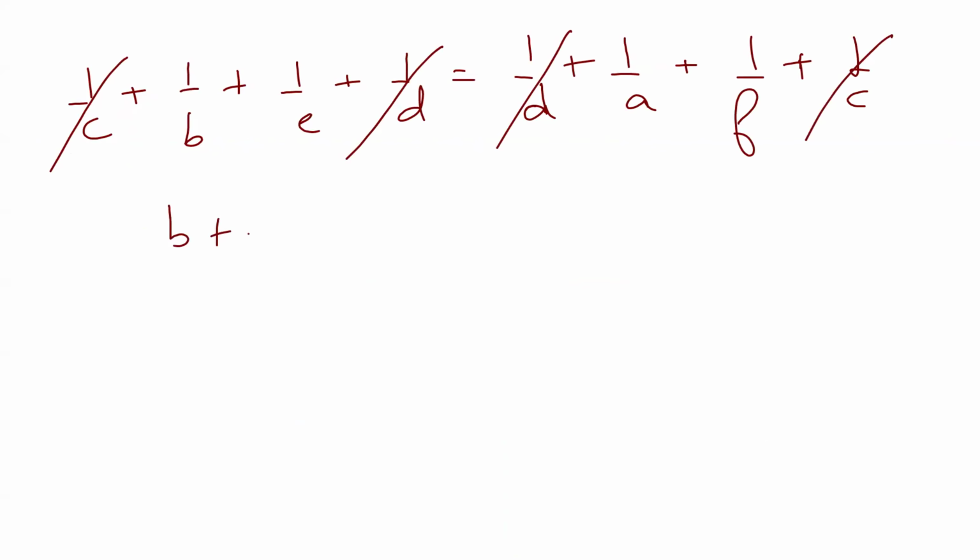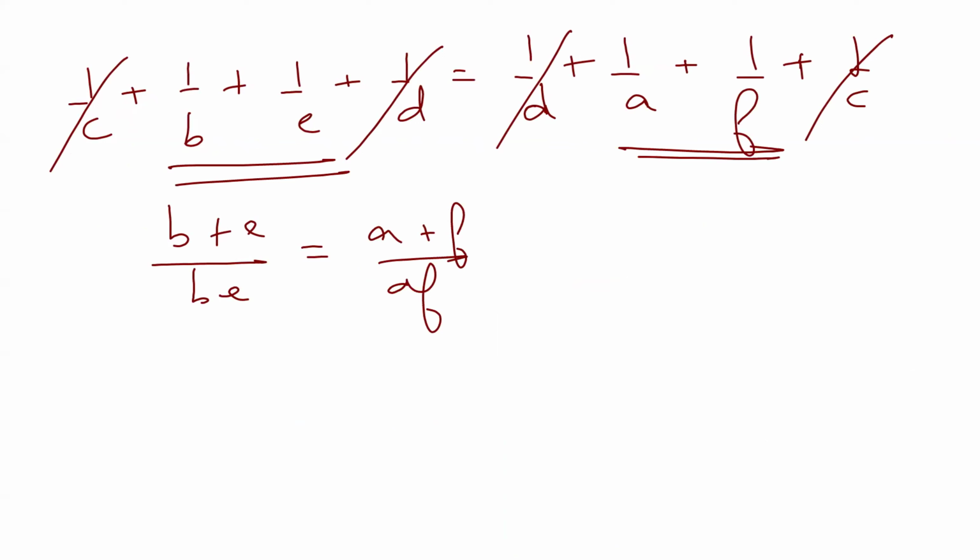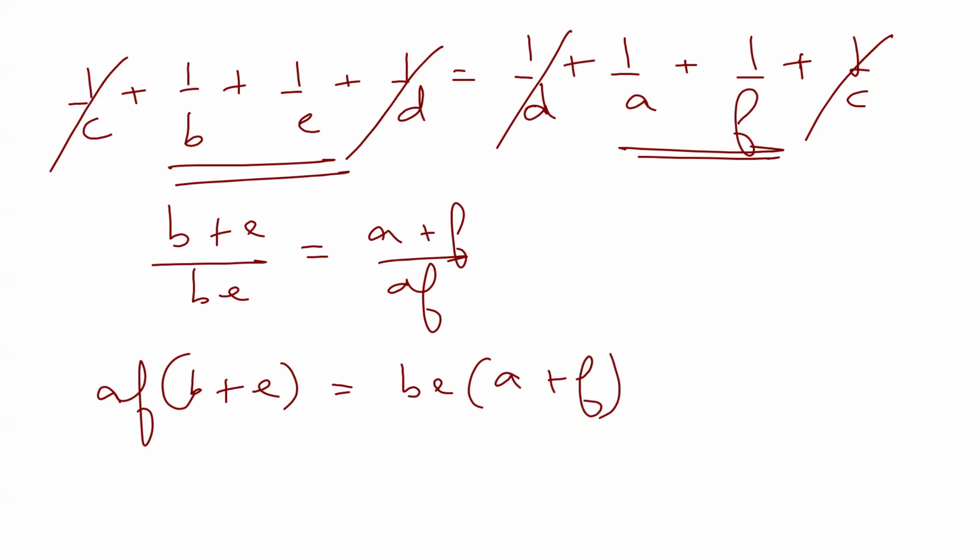Take LCM, B plus E upon BE, A plus F upon AF. Solve this. A plus F or F plus A, both are correct. So AF(B plus E) equal to BE(A plus F).